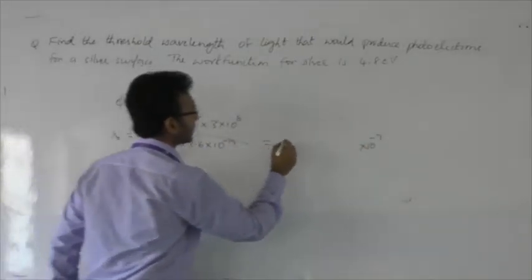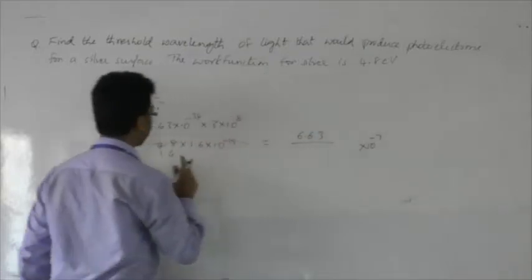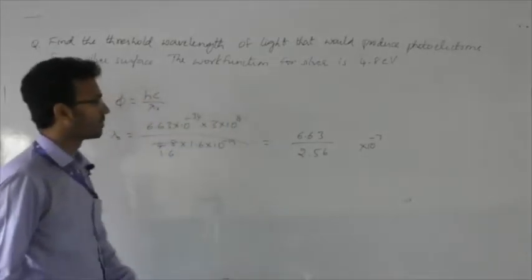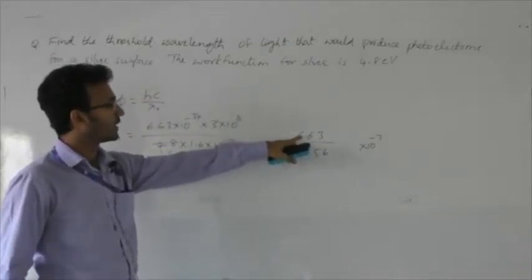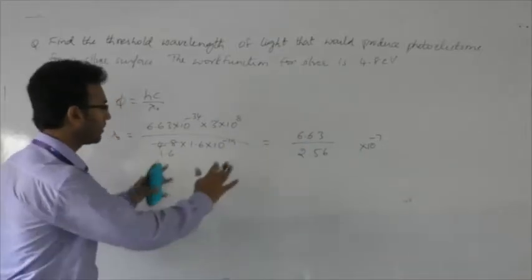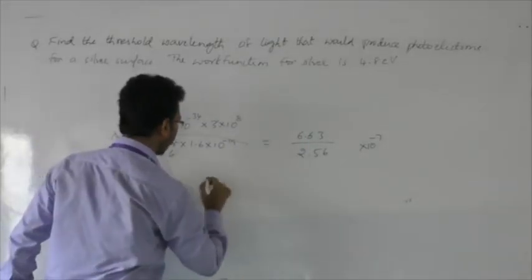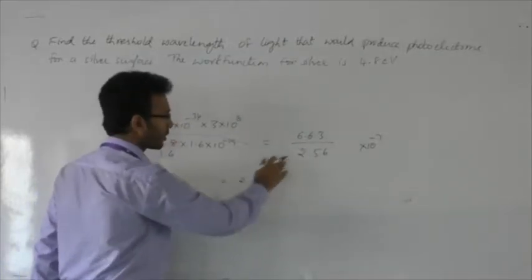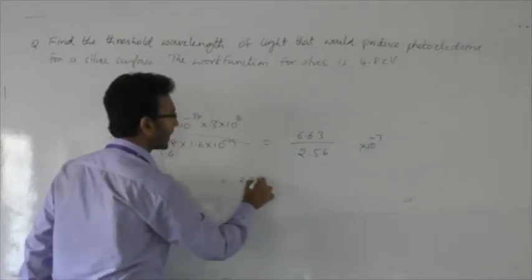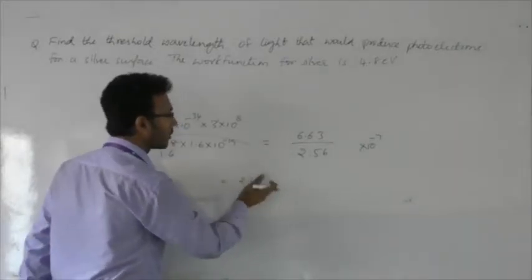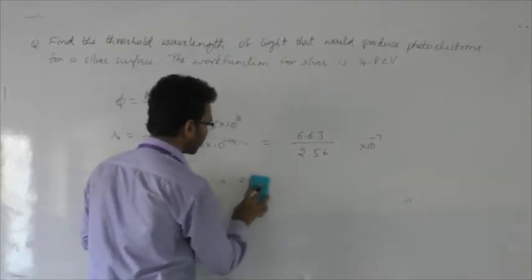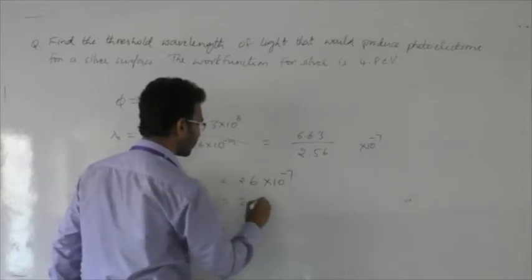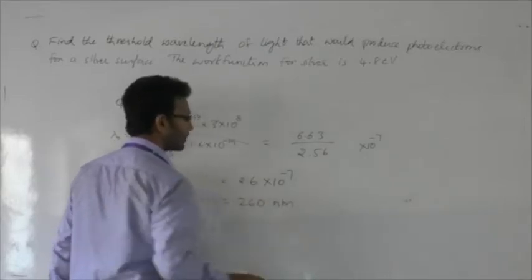This is 6.63 divided by 1.6 into 1.6, which is 2.56. 6.63 by 2.56, you will get roughly around 2.5. I'm doing some approximation, roughly it will be 2.59, so 2.6 into 10 power minus 7, I can write it as 260 nanometers.